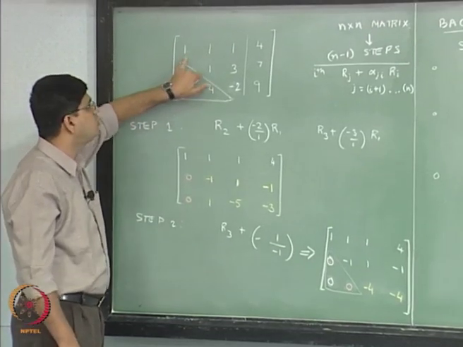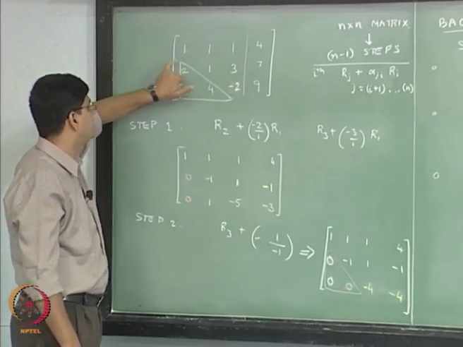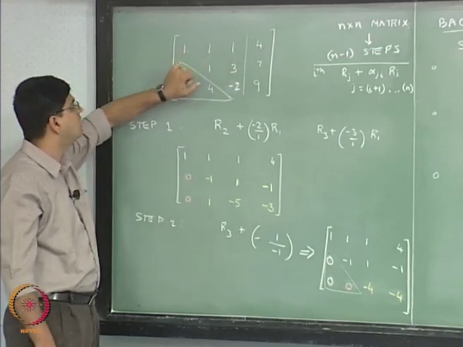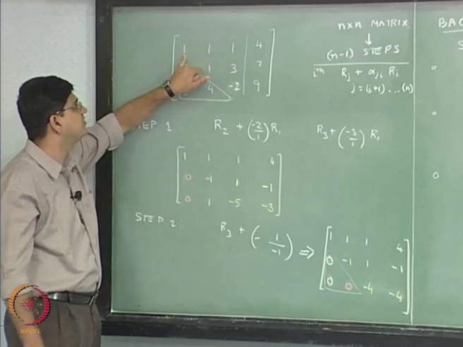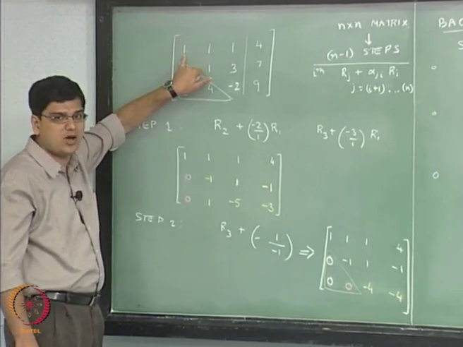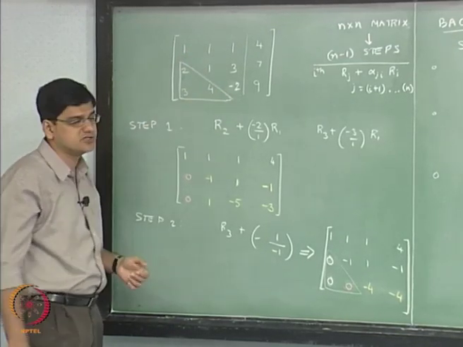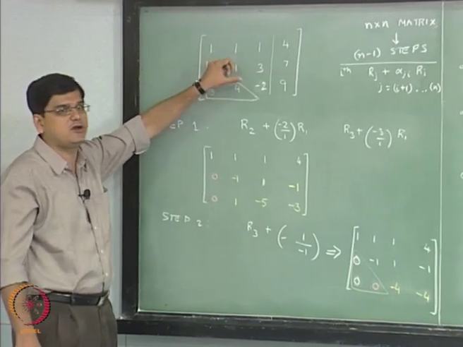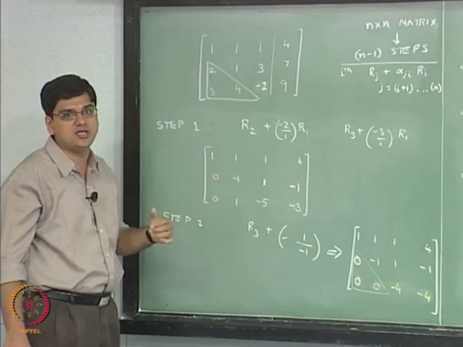So we do not do any row operation explicitly here, because we already have this equal to 1. If we did not have this equal to 1, we would have done the division. But with a computer, we do not know a priori that this number is going to be 1.